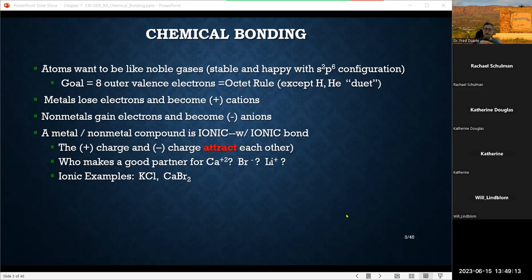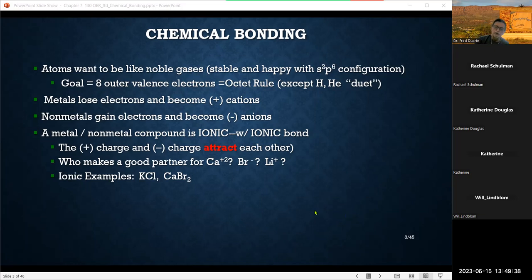So potassium and then chlorine, well, it's the element, it's a nonmetal, it's going to gain electrons and become a negative charge. It also is going to change its name from chlorine to chloride. So the name of KCl is potassium chloride, okay? The next one is calcium bromide.